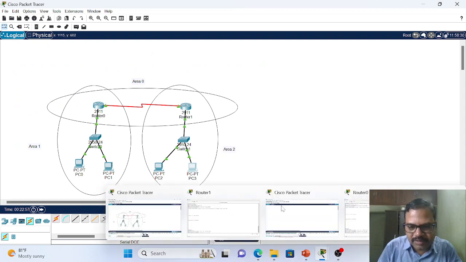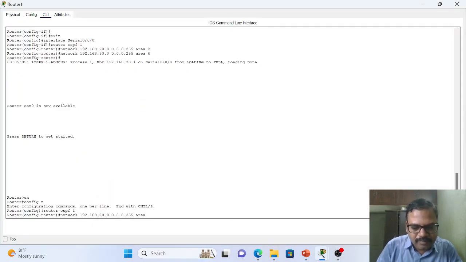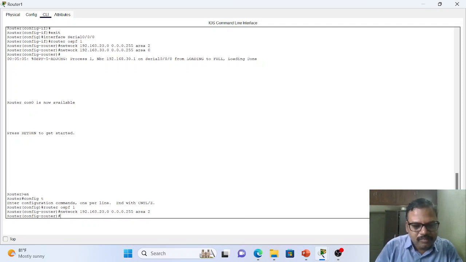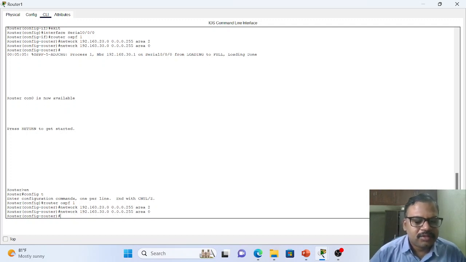So we have to specify area 2. Another address is the backbone area, we know: 192.168.30.0, 0.0.0.255, area 0. Now we have set the network configurations in both router 0 and router 1.